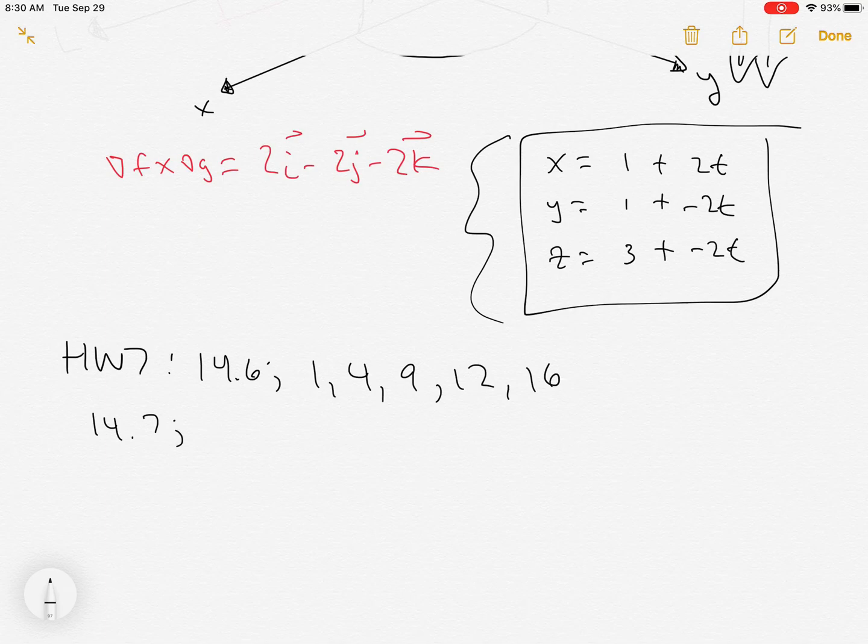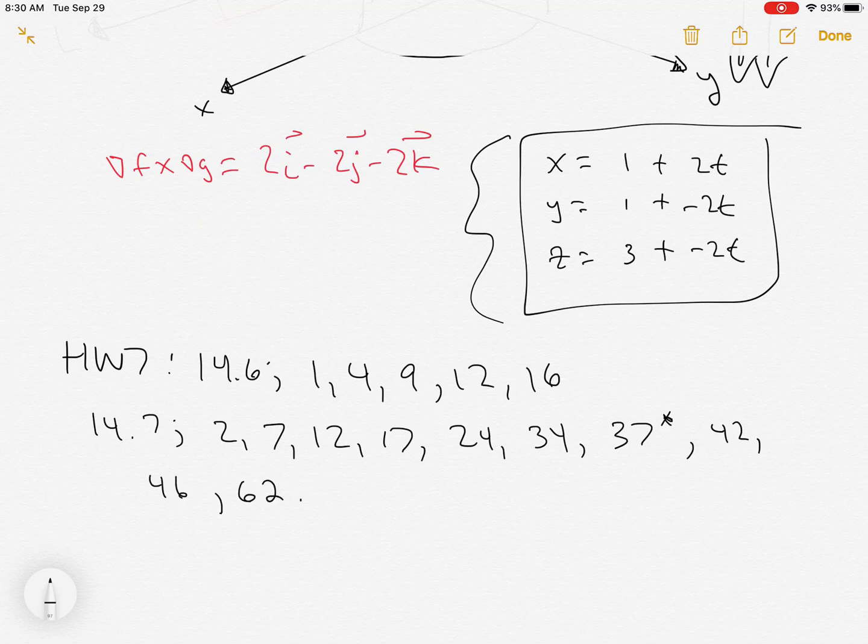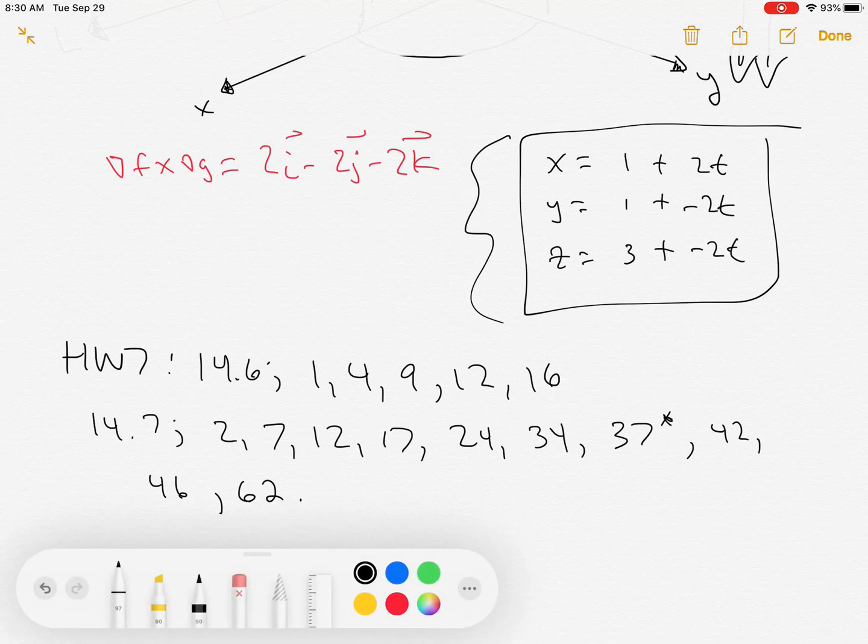And section 14.7 is quite large: 2, 7, 12, 17, 24, 34, 37. I'm going to put an asterisk on that. 42, 46, and 62.